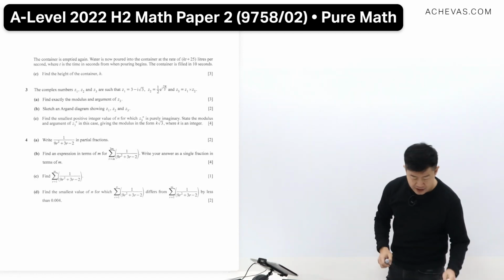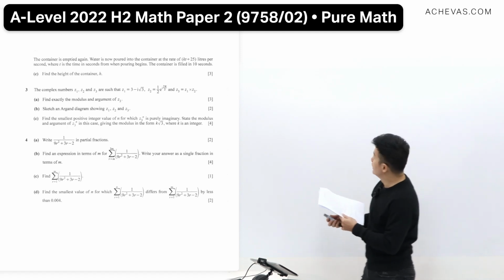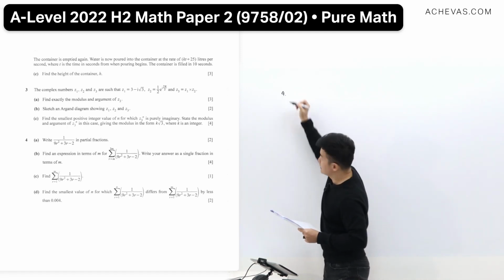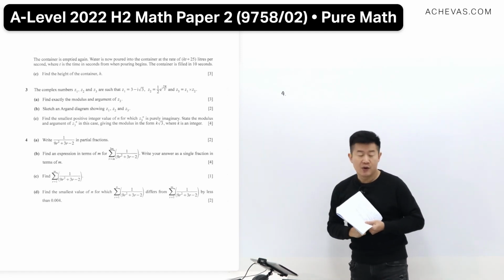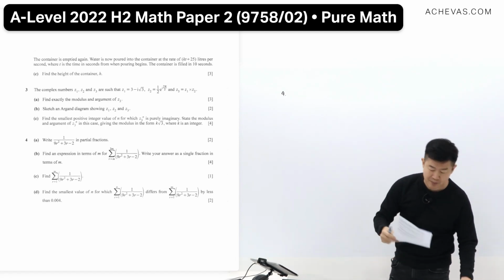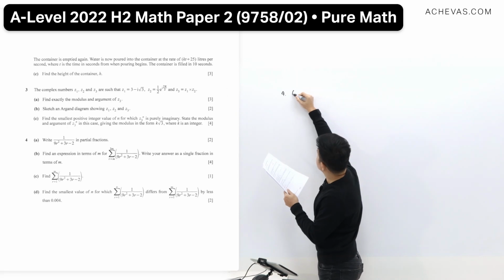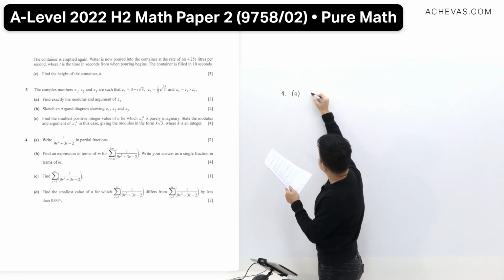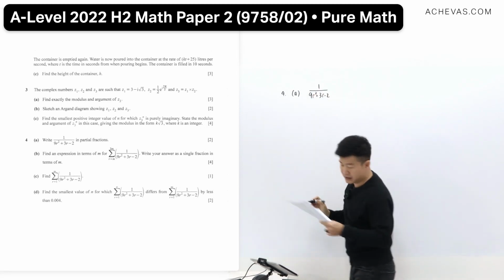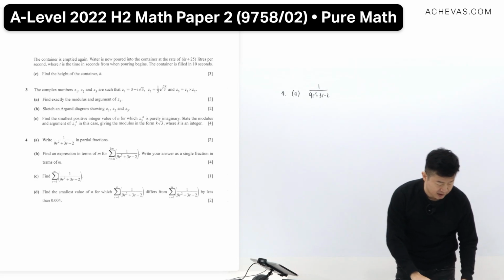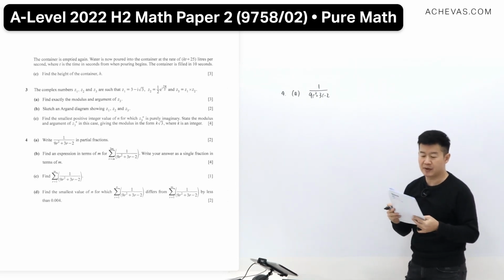Okay, so in question number 4 over here, the very first part is requiring us to rewrite that expression in its partial fraction form. So in part A, we have this 1 over 9r squared plus 3r minus 2, which is in the denominator.